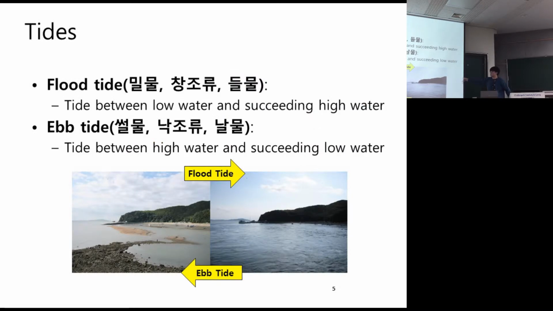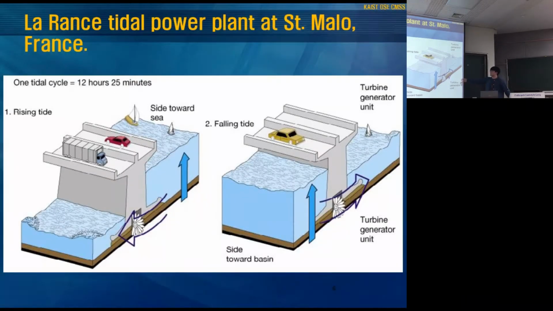So the types of tides, we have the flood tide and the ebb tide. Flood tide is when the ocean water comes into the land, and ebb tide is when it goes out. The generation of the tidal energy is usually done by blocking the water path between this flood tide and the ebb tide.